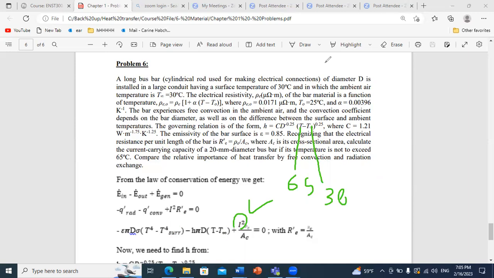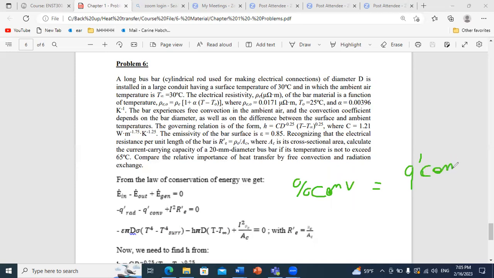After calculating the current, they asked you to compare the relative importance of heat transfer by free convection and radiation exchange. Whenever they ask you such a question, you can find the percentage of heat by convection compared to the percentage of heat by radiation. All you have to do is say the percentage of heat released from the system by convection is equal to Q prime convection over the total heat released out.